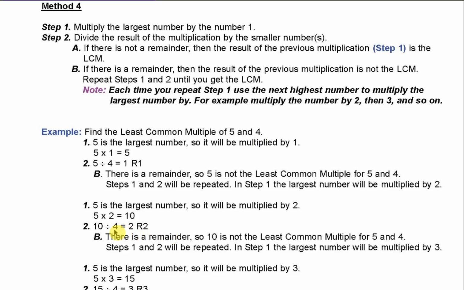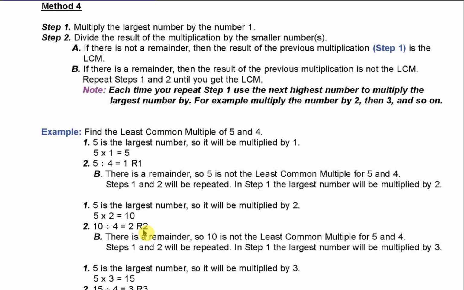Therefore, we will divide the result of the multiplication in step 1, which is 10, by the smaller number, 4. Ten divided by 4 equals 2 with a remainder of 2.